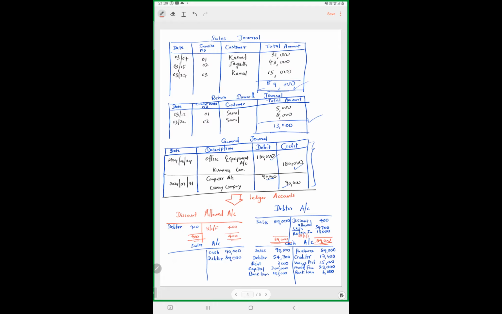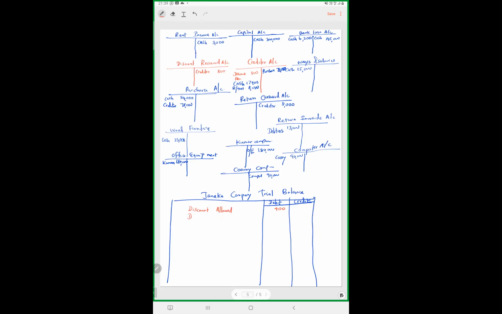BCF is 20,900. The balance we have after deducting the credit side. Then debtors 20,900.